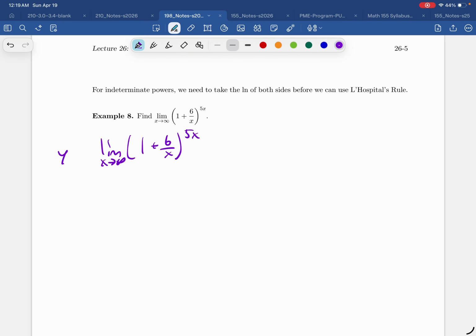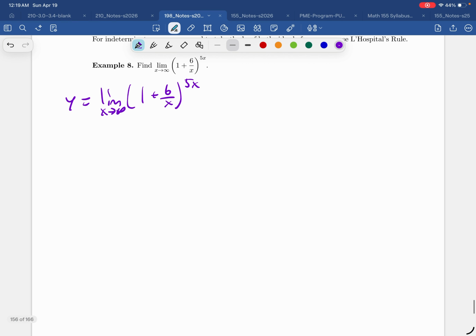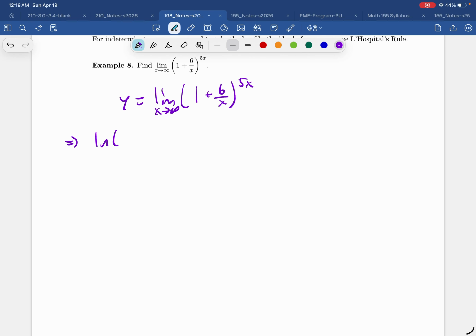So we employ a trick, which maybe you've seen before. Maybe you can remember where you've seen something like this. Let it equal y. And then look what we're going to do. Tell me if this sounds familiar. Let me actually move this over here. Let's take the ln of both sides. Does that seem familiar?